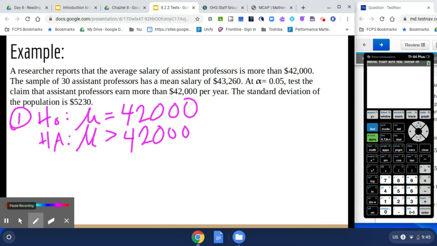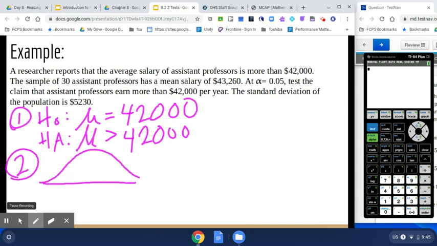Okay, step number 2 of hypothesis testing is we want to find the critical value. So I'm going to draw out a normal curve. And if I really think that the salary of assistant professors is increasing, I would expect those values to fall on the right tail. So in this region, that's when I'm really going to start to say, okay, yes, maybe their salaries are increasing.